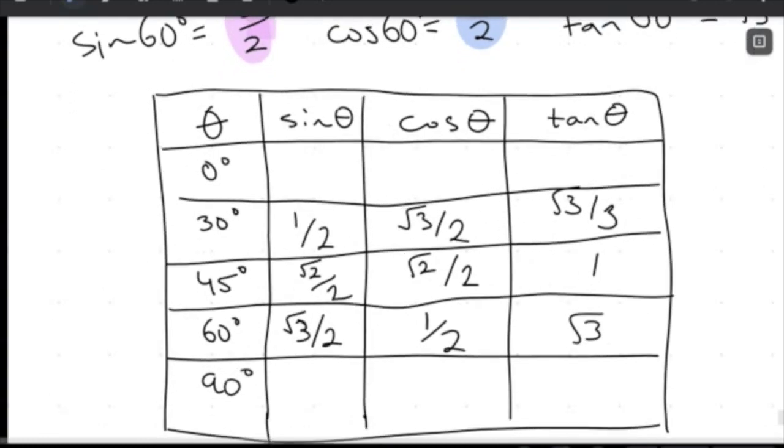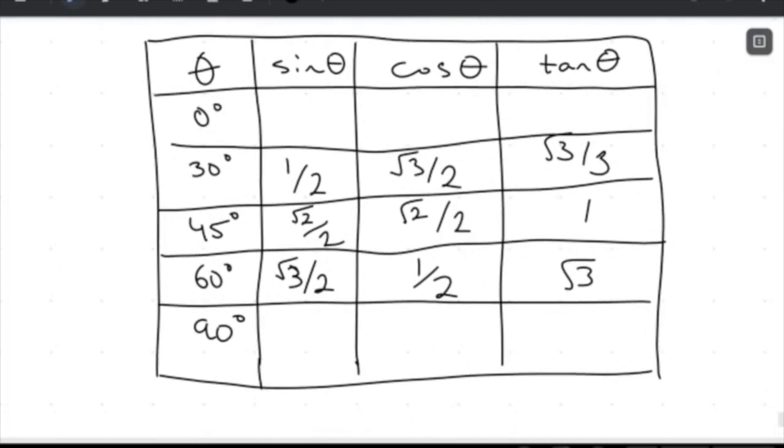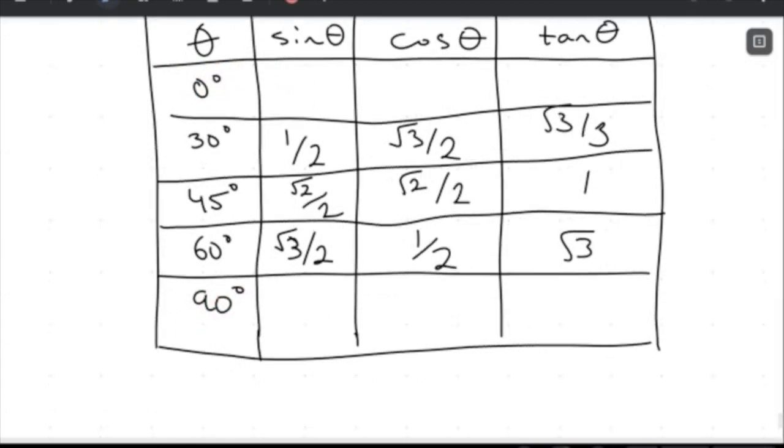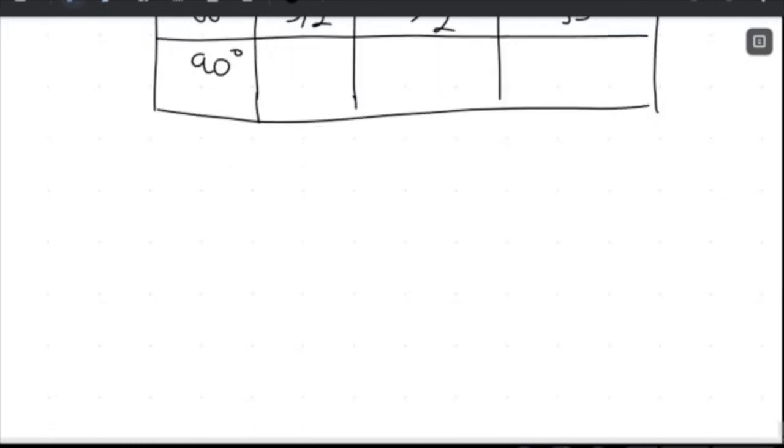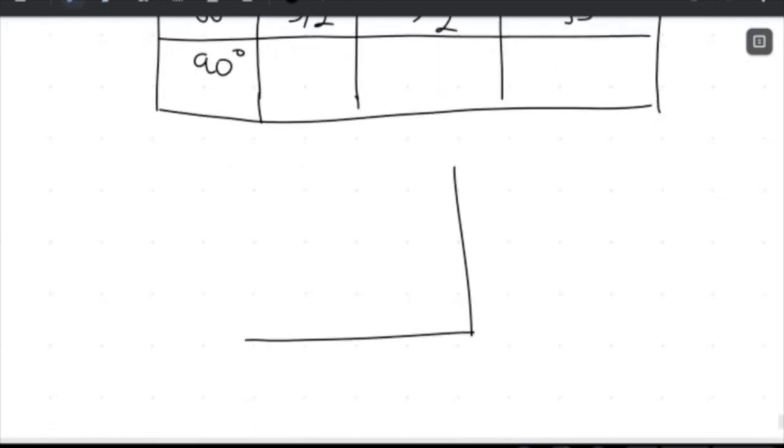Okay, so let's look at when we have these really extreme angles, 0 and 90. Now this is really hard to visualize with just right angle triangles, which we've done before. But I'm going to run you through a couple of thought experiments so we can fill out this table.